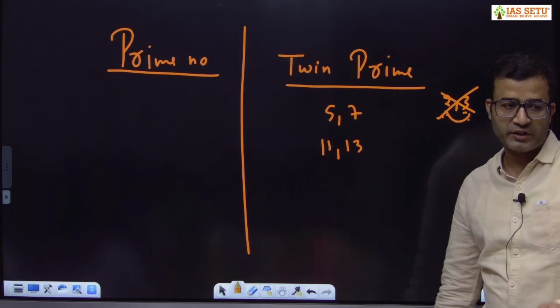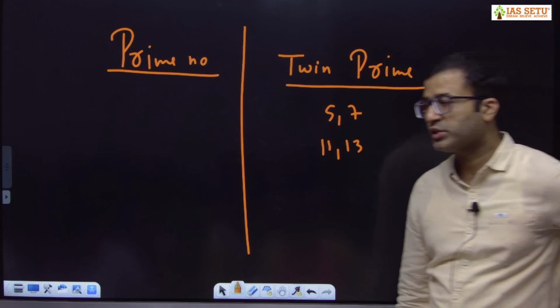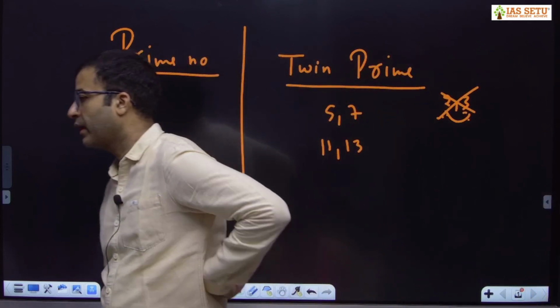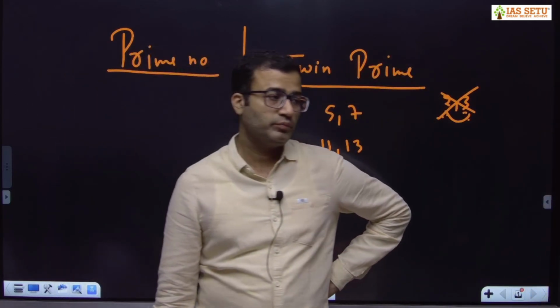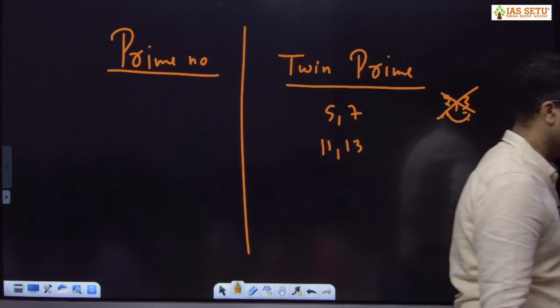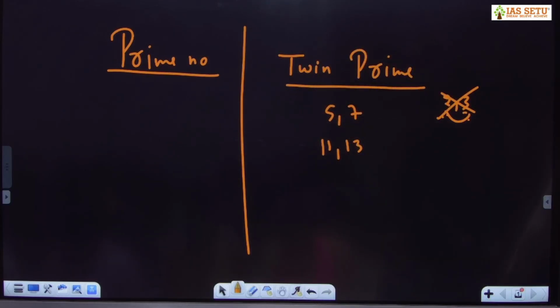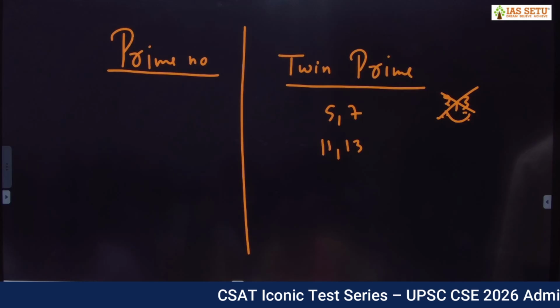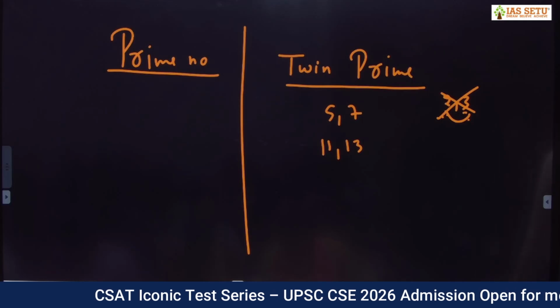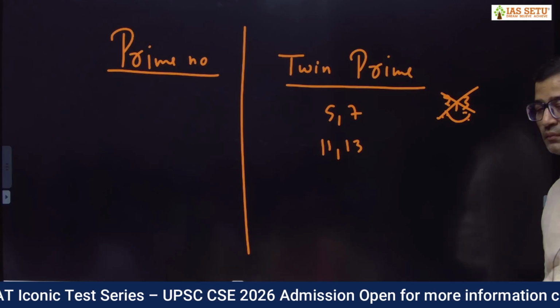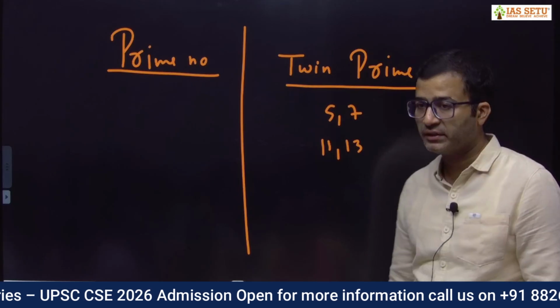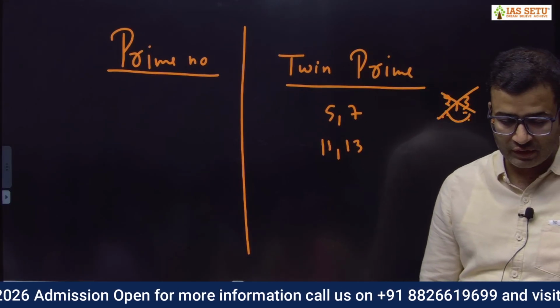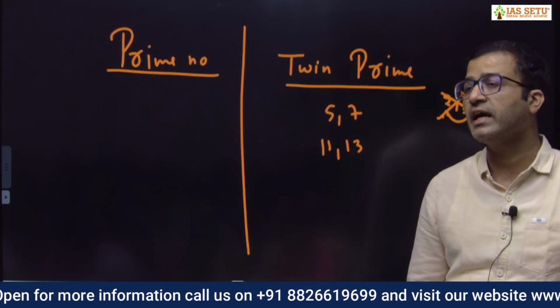So you write the definition of twin prime: two consecutive prime numbers with a difference of exactly 2. Example: 5, 7, 11, 13.